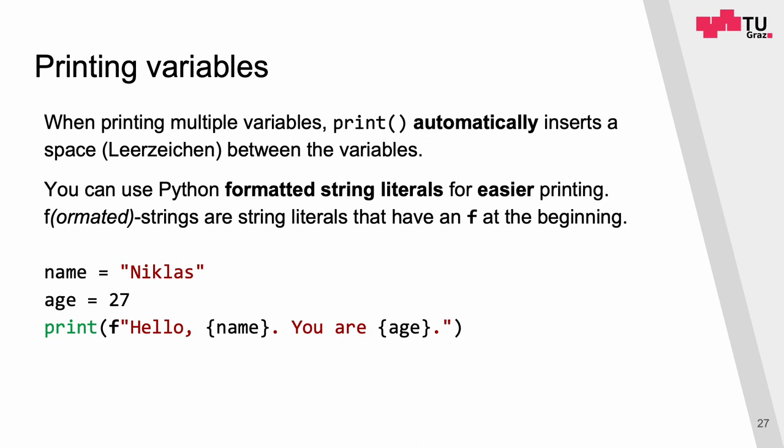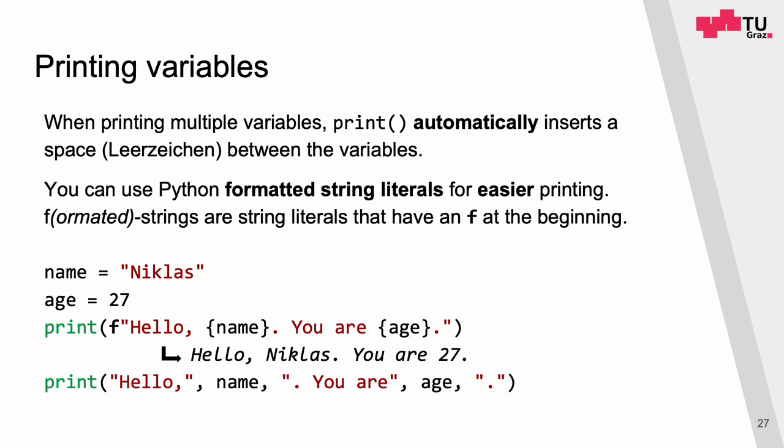So you can see here I have hello, comma, and then the variable which I would like to print within curly brackets. And then when this statement is executed, the value which is currently in the variable gets inserted at exactly this place in the string where you put the curly brackets.